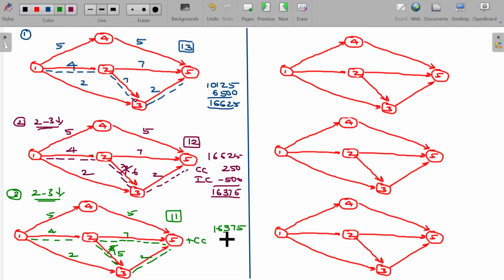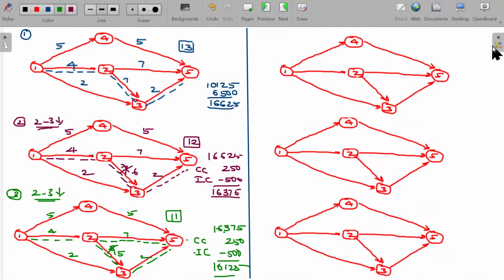You can spend another 250 extra, but there is a savings in indirect cost, which is 500 rupees. So the ultimate value being 16,125. It's cheaper. This one is much better than the earlier one.